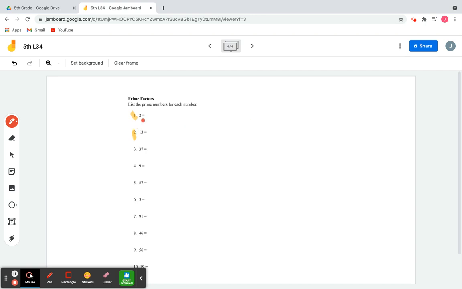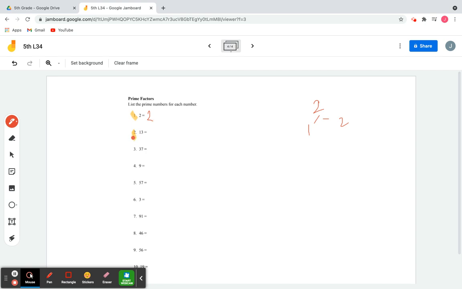So number 2 here is a prime number because it is divisible by exactly two numbers, which are 1 and 2. Right? We have 2 here, and it is divisible by only 1 and 2. So this is a prime number, and we have to write the prime numbers for each number. So I'm going to write 2 here. Okay, we don't write 1 here.